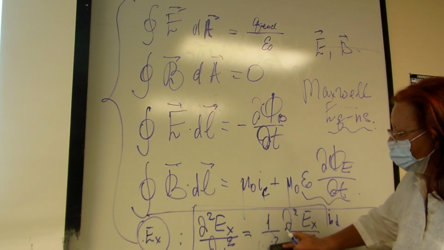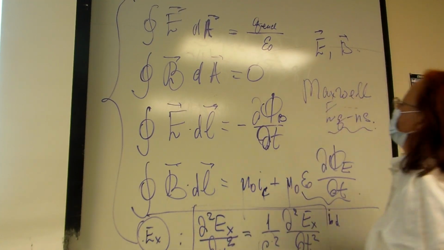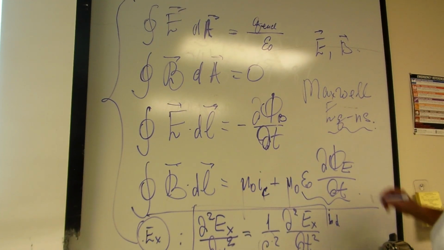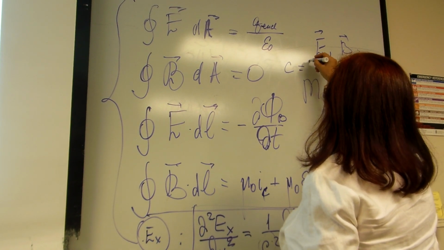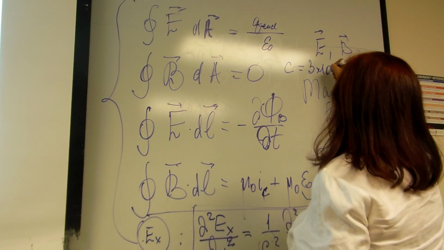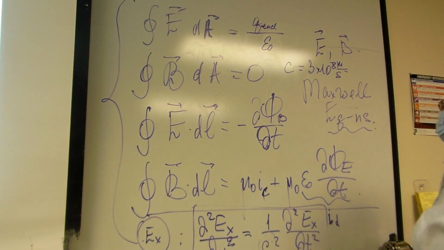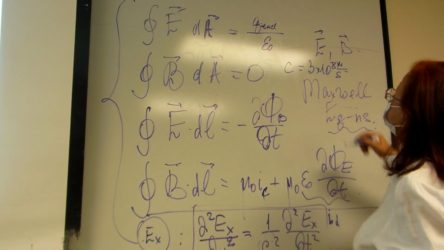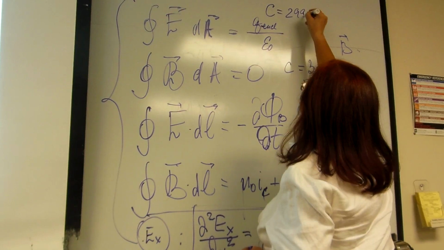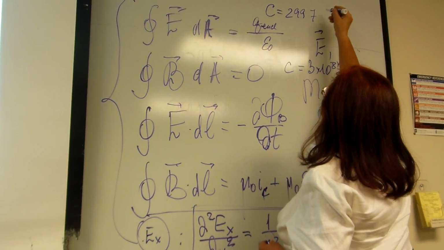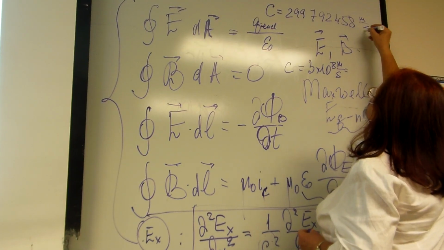So instead of v, because it is such a special speed, the speed of light, 3 by 10 to the 8th meters per second, we can write, more exactly, 299 792 458 meters per second.